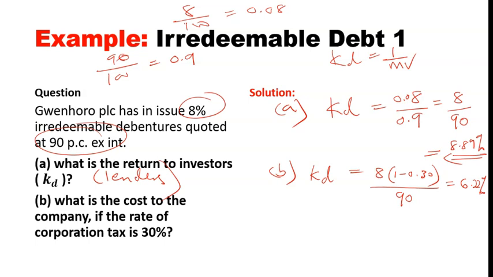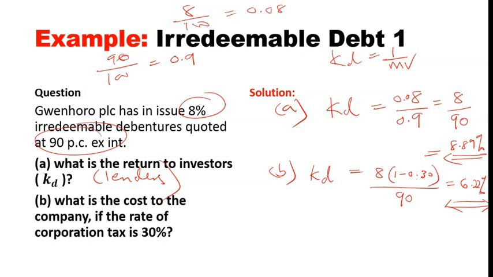You can see that when taxation comes into play, the cost of debt becomes cheaper. Okay, the cost of debt becomes cheaper.